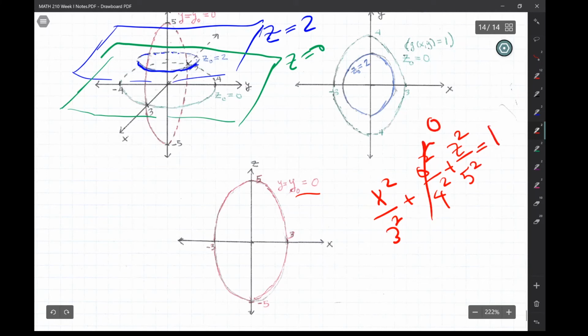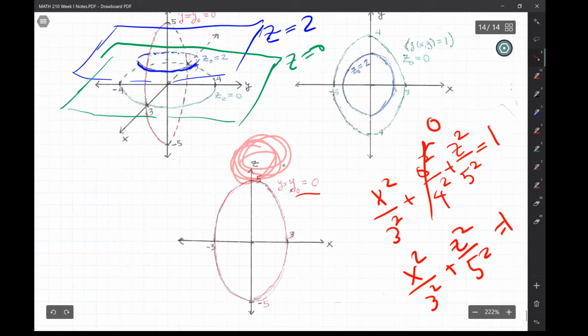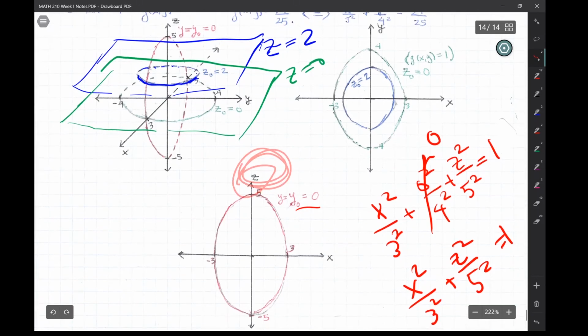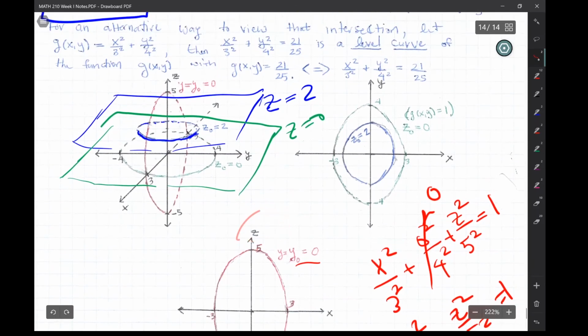So this guy here is just 0, and you get x squared over 3 squared plus z squared over 5 squared equals 1. What is that? That is an ellipse also. It's an ellipse with semi-major axis 5, semi-minor axis 3, but in the x and, critically here, z plane. And where does this shape show up along our curve? It shows up here.